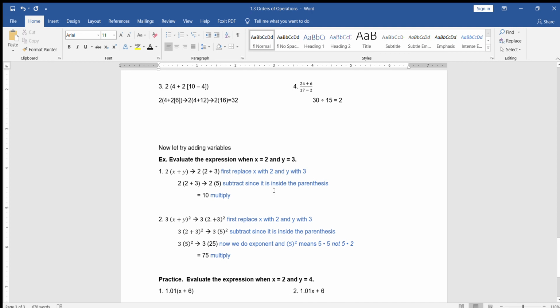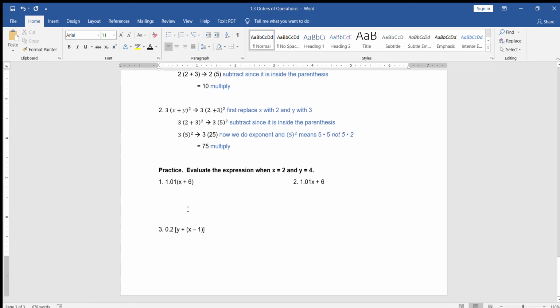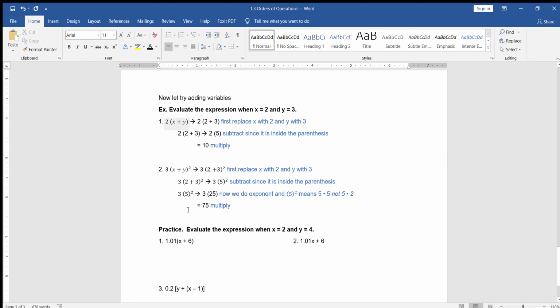Now let's try evaluating the expression when we add variables in the expression. So in this case, 2 times (x plus y). Again, first thing first, when you're evaluating the expression, you're going to replace the variables with the corresponding numbers.